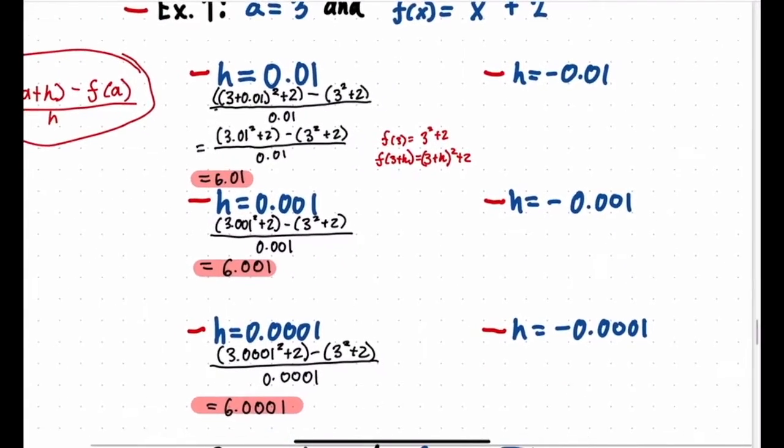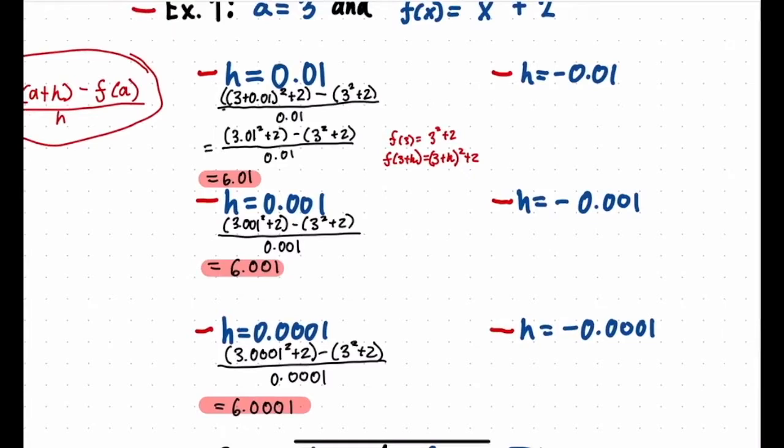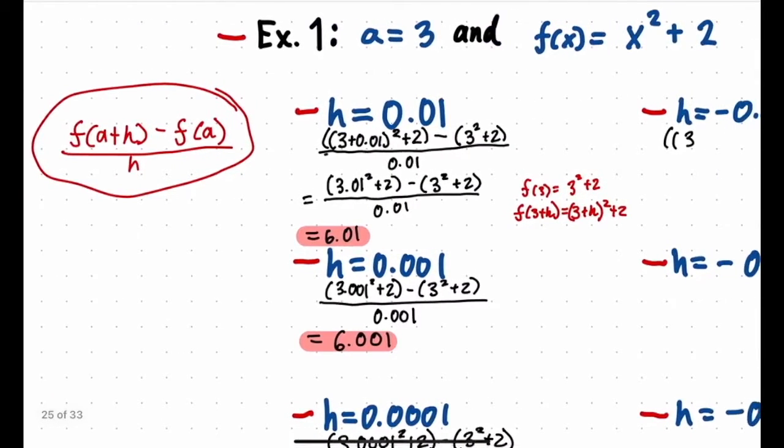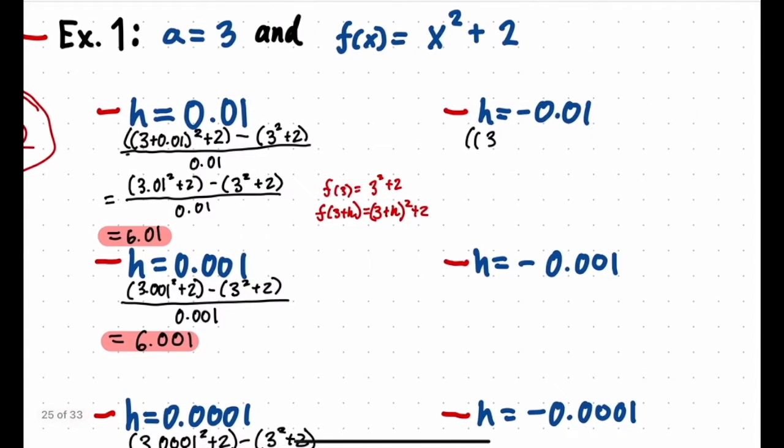So we can look at that now and say, well, when h is a negative number, so we're approaching that tangent line from the left-hand side as opposed to the right-hand side, we can say, all right, the f of x is still the same, the a is still the same, a is still 3, so we have, follow along here, f of a plus h, so 3 plus h, which is 3 plus negative 0.01, or 3 minus 0.01.